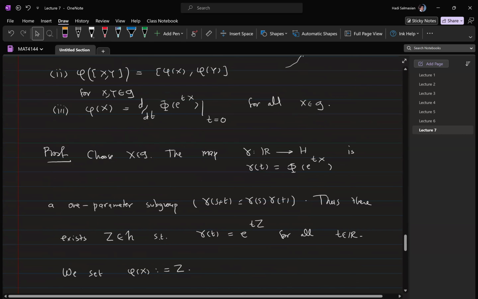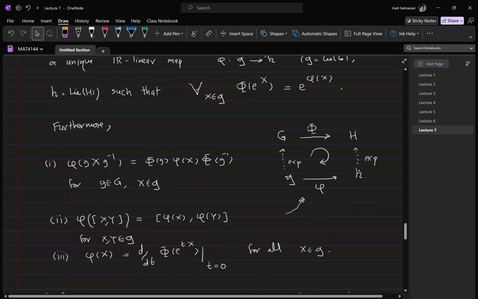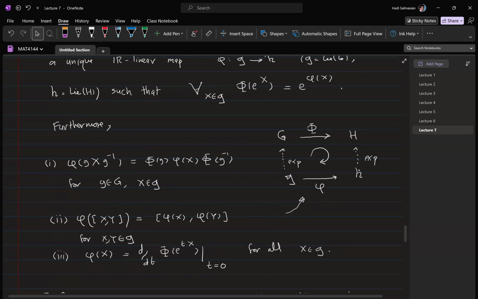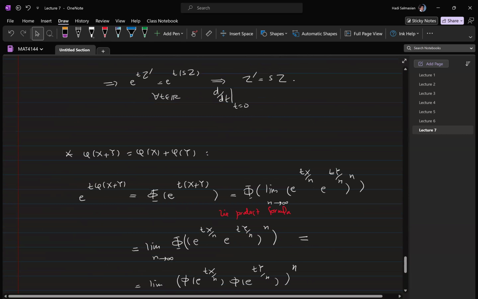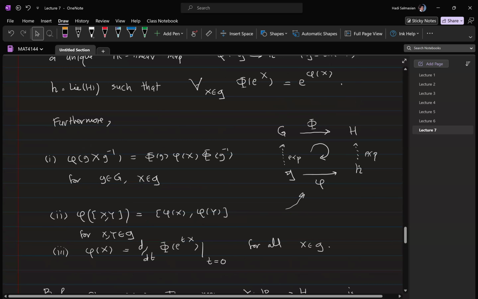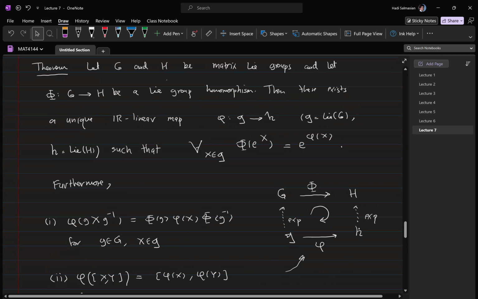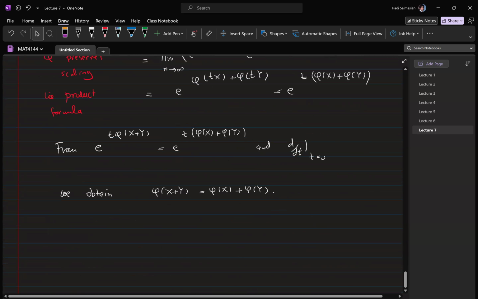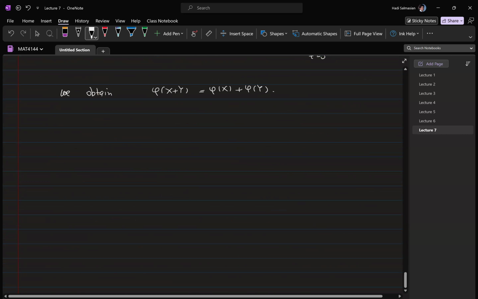Maybe okay, let's verify. Yeah, I think we can verify it now. But before that, I think basically we have the uniqueness now. All right. So now we can verify uniqueness of phi from this condition. Okay. So let's prove uniqueness.